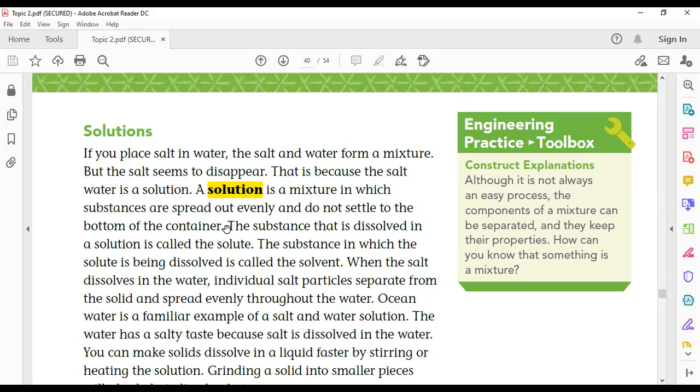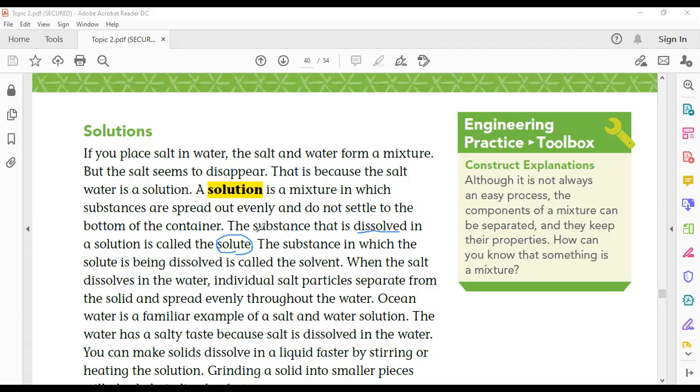Right. The substance that is dissolved in a solution is called what? Solute. Solvent. Wait. Please highlight it.